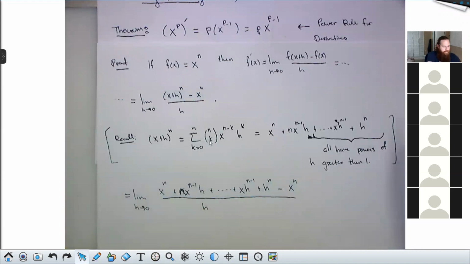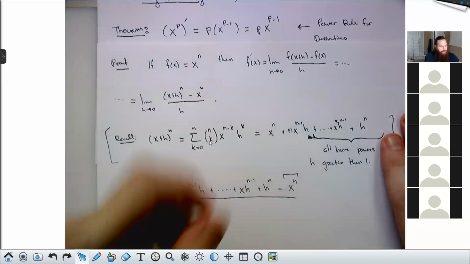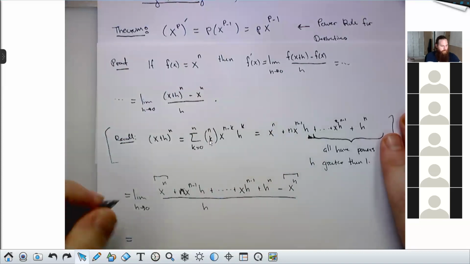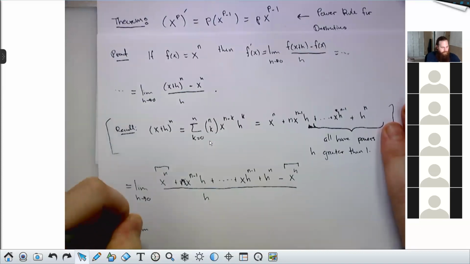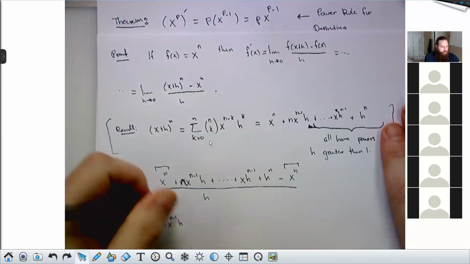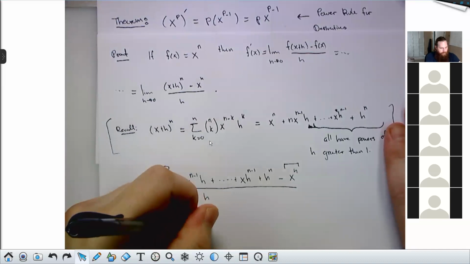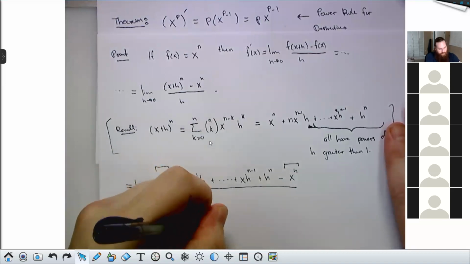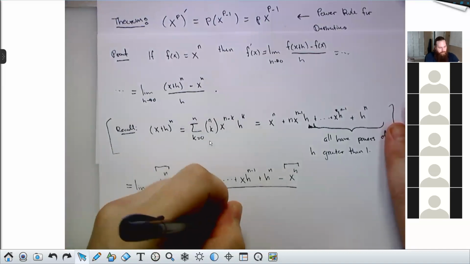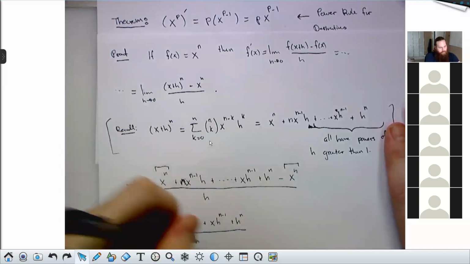What you'll see is that the x to the n's add up to 0. They go away. And we'll get the limit as h goes to 0 of n x to the n minus 1 times h plus a bunch of other stuff that has h's in it plus x h to the n minus 1 plus h to the n all over h.